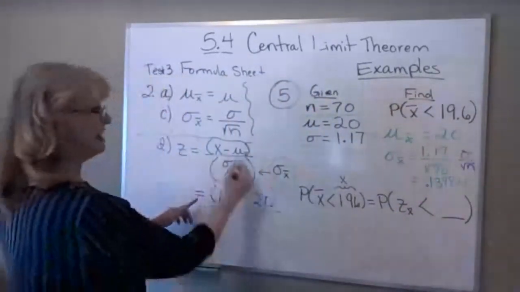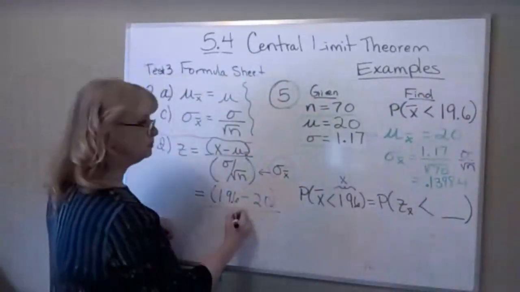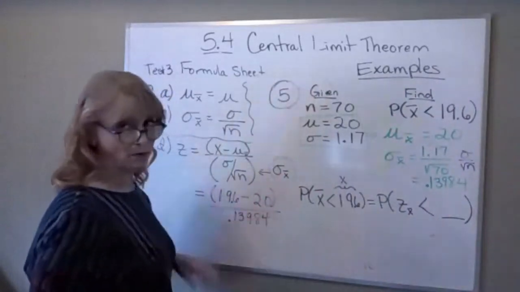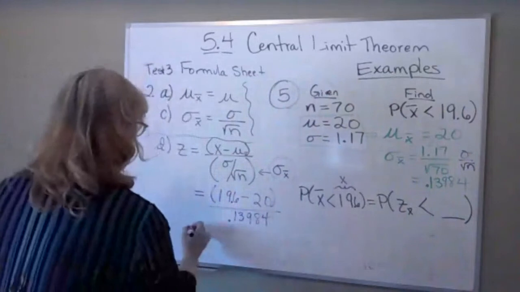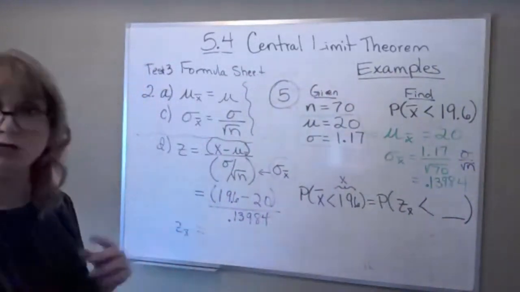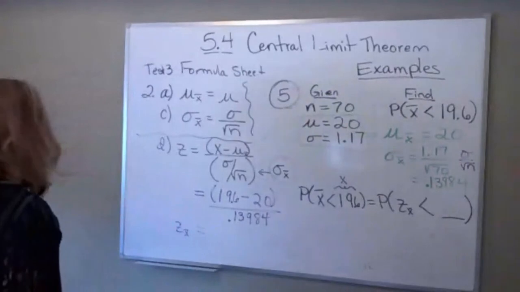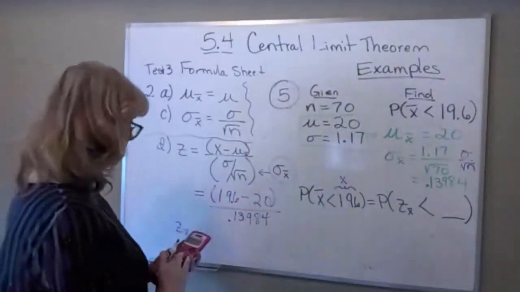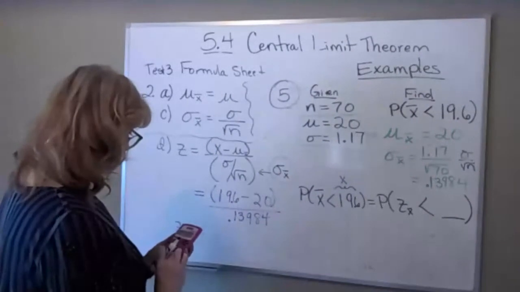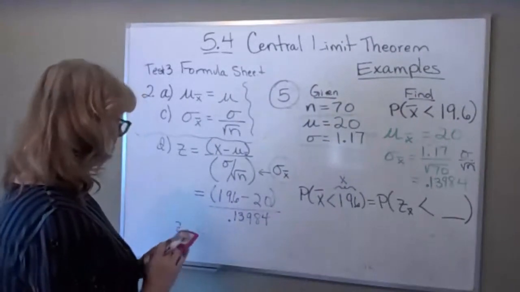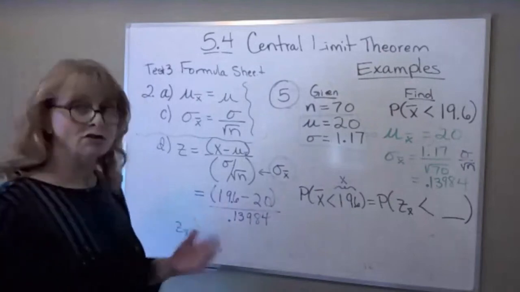So we've done that. We already know it's 0.13984, and I don't want to round that because I don't want it to throw off this z-score. So I'm going to do 19.6 minus 20. This is going to come out negative. And I'm going to divide by, and I could do this one of 2 ways.